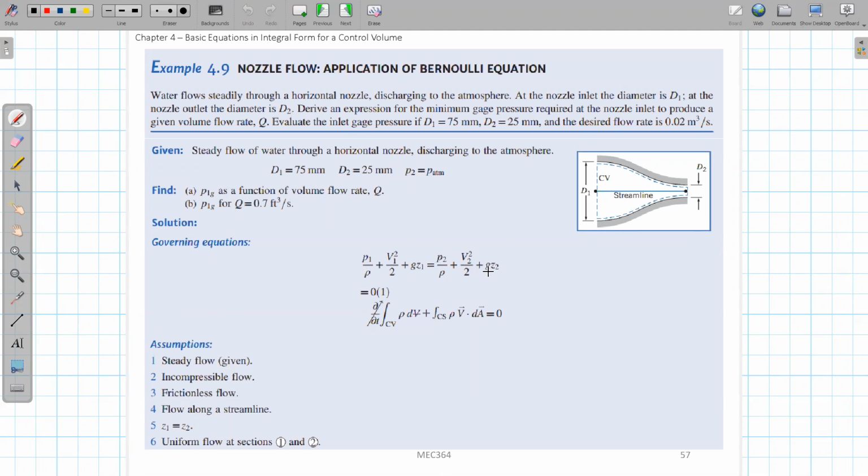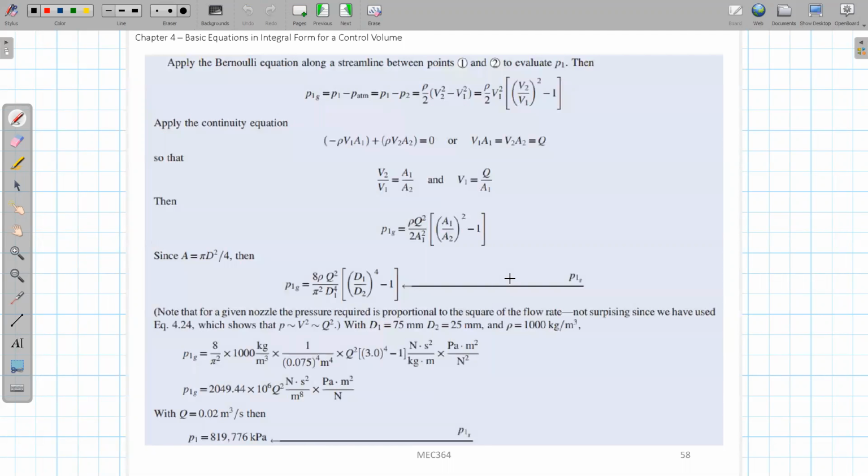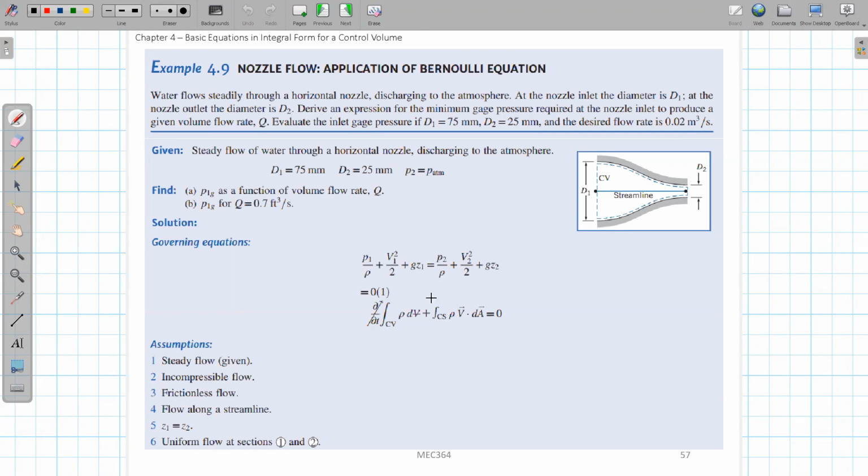And so let's try to calculate it. Inside this equation, we also make a significant and important assumption that the density is constant, it is not going to change, and that's why we can use this Bernoulli equation.